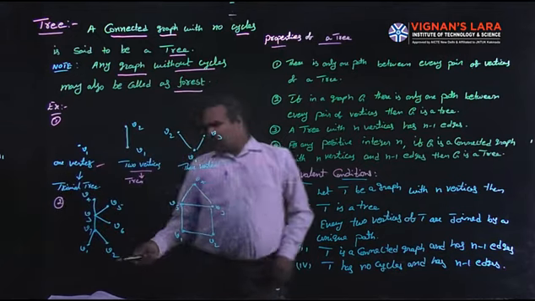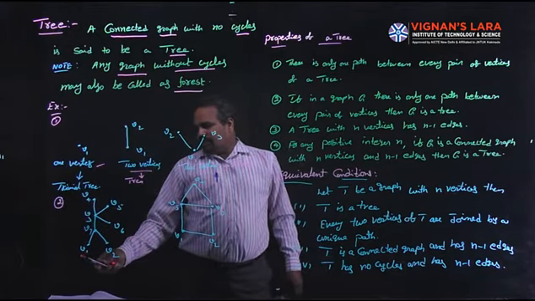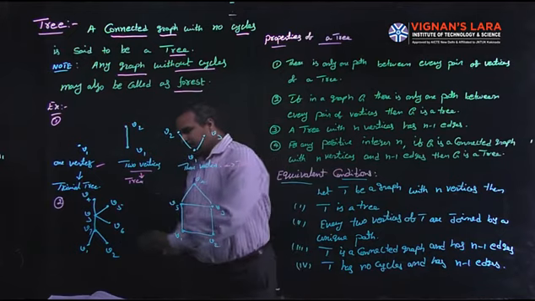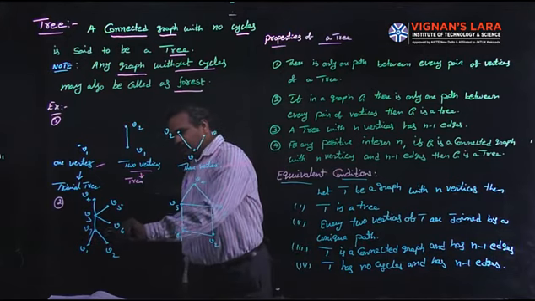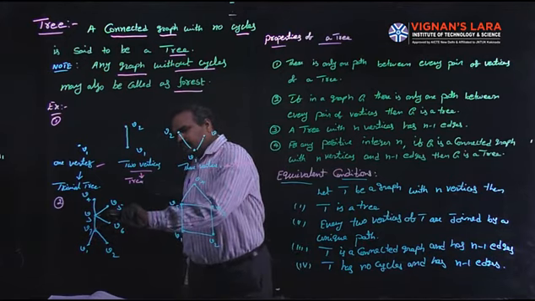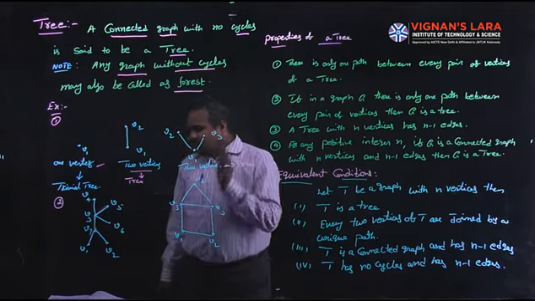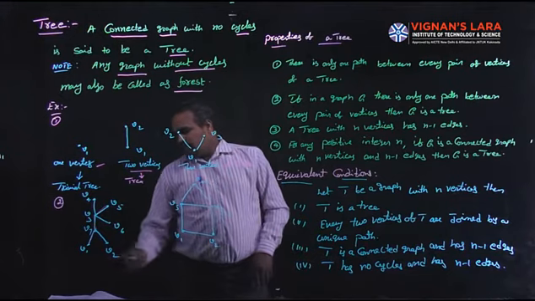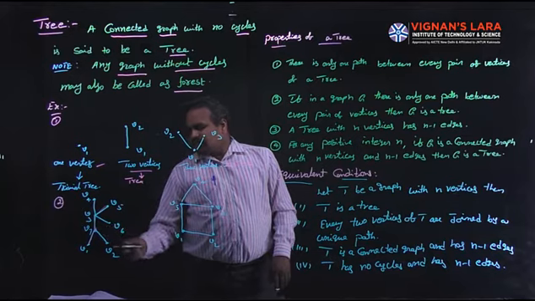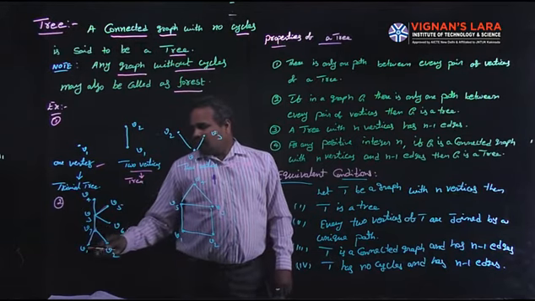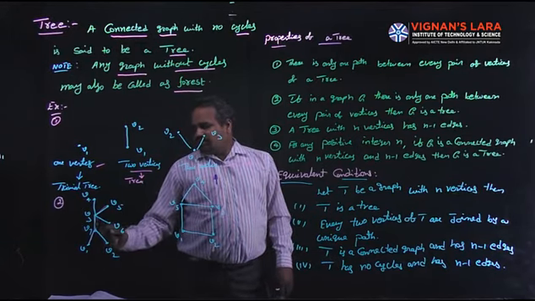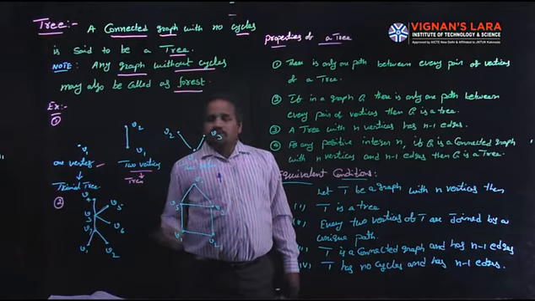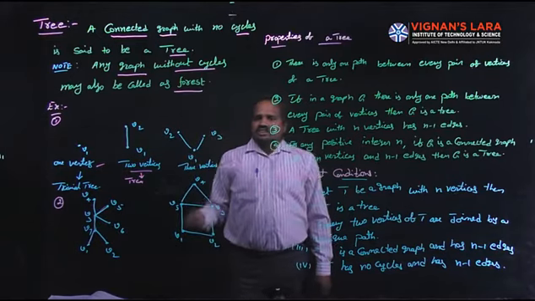I want a path from v1 to v5: v1 to v7, v7 to v3, v3 to v5. There is a path. Now v1 to v2: v1 to v7, v7 to v2. And v1 to v4: v1 to v7, v7 to v3, v3 to v4. Such paths exist here.